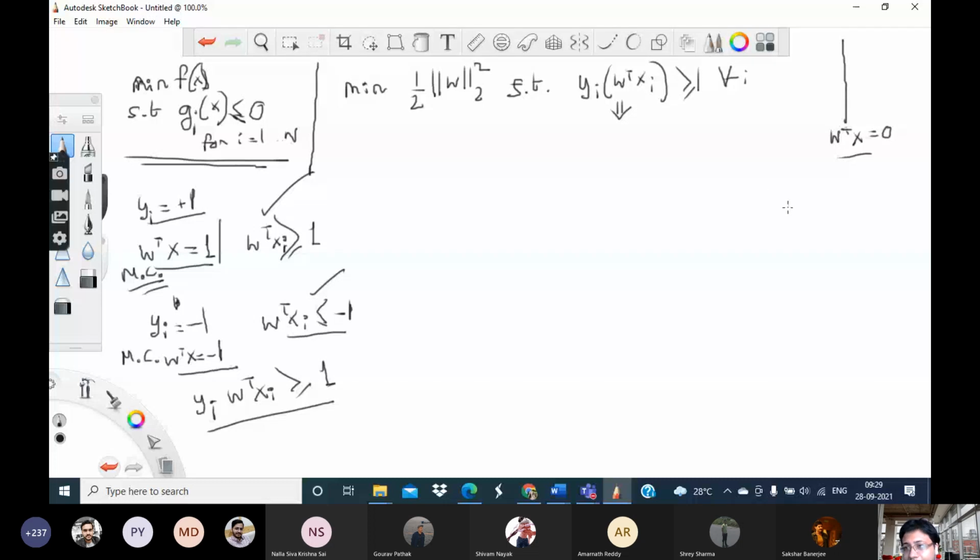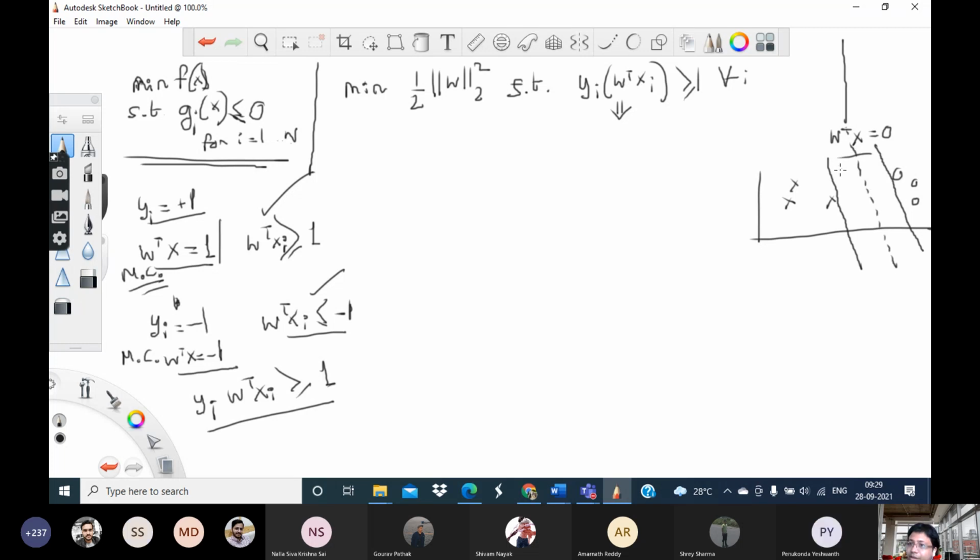This was the situation, right? The points are like this. This is one marginal classifier, this is the other marginal classifier, and this is the optimal classifier.